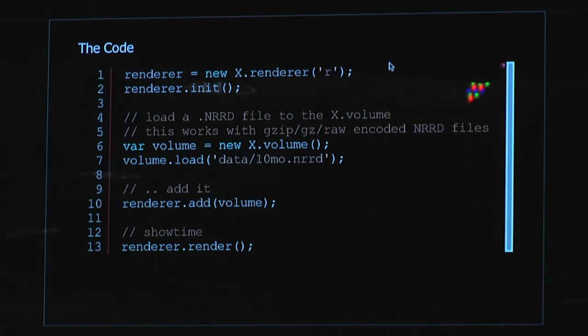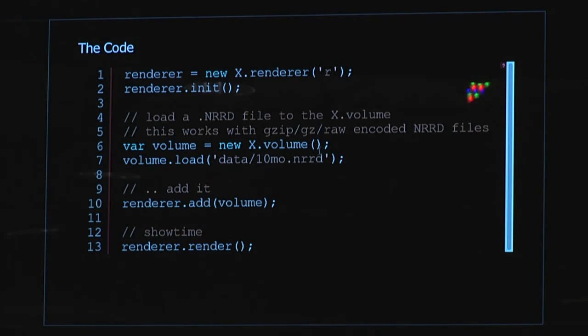You have a div in your HTML page. You create a new X renderer with the ID of the div. Then the renderer.init call creates the camera, the shaders, all hidden, but can be overloaded for more flexibility. Then you say you want an X volume, the volume for the image volume, and load it from the nrrd file.